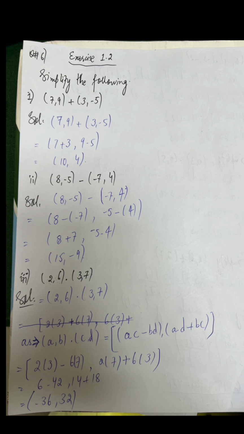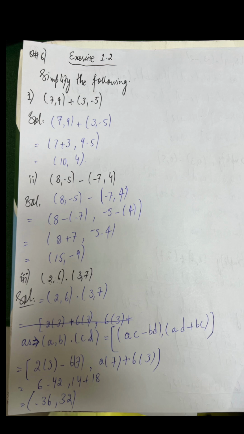Now when there is a dot or multiplication sign between the two brackets, we have to apply the formula: a comma b dot c comma d is equal to ac minus bd comma ad plus bc. You have to assume that a is the first number, that is 2, b is the second number, that is 6, c is the third number, that is 3, and d is the fourth number, that is 7.